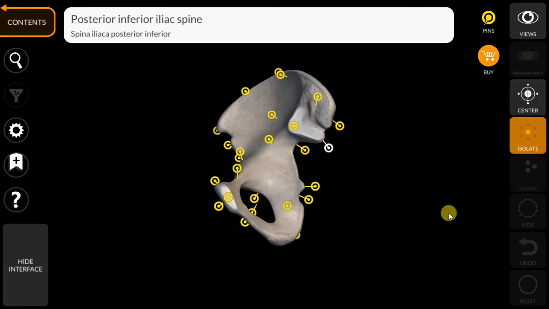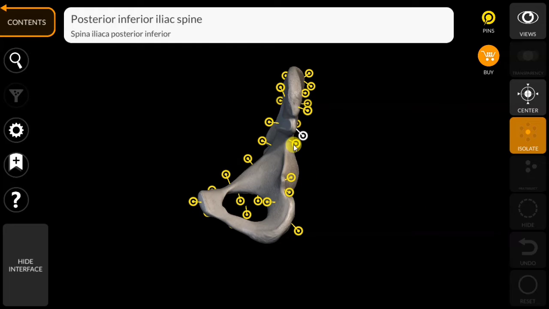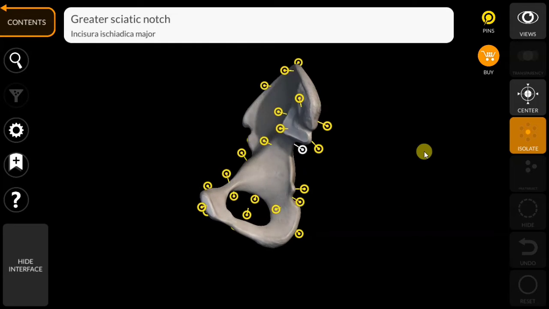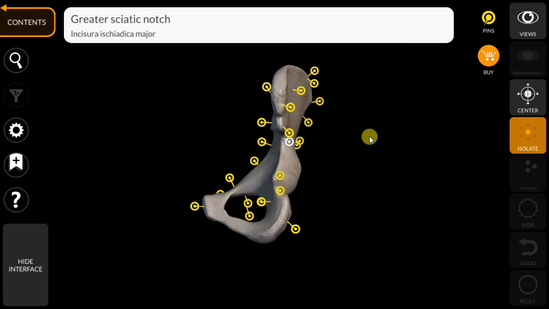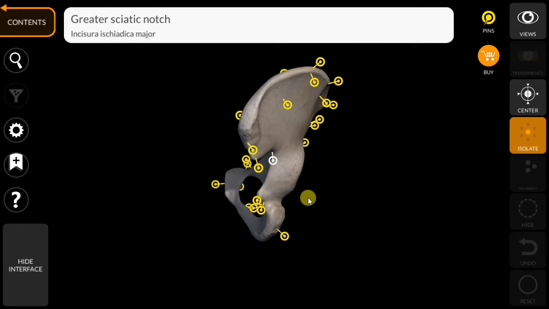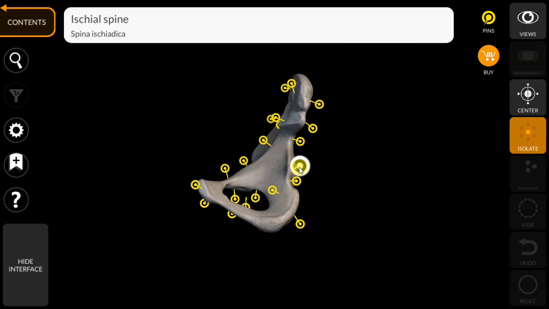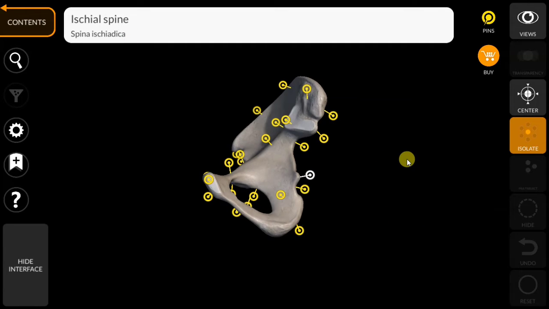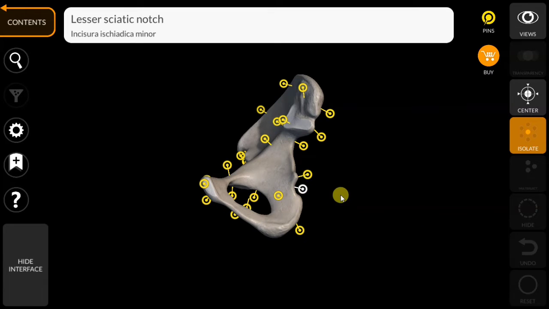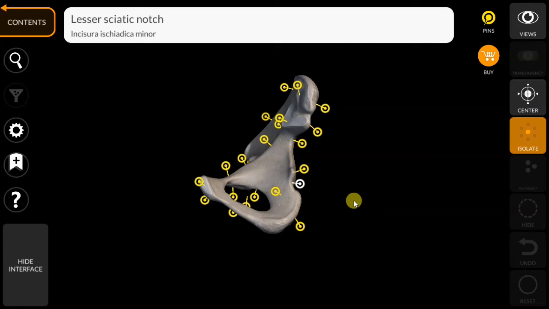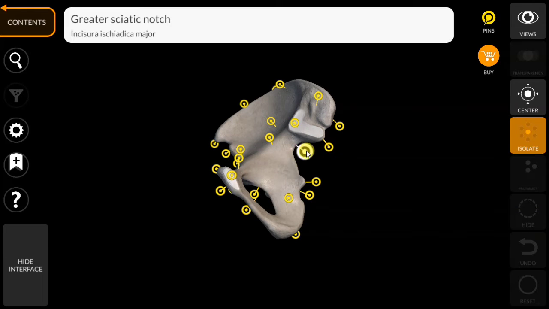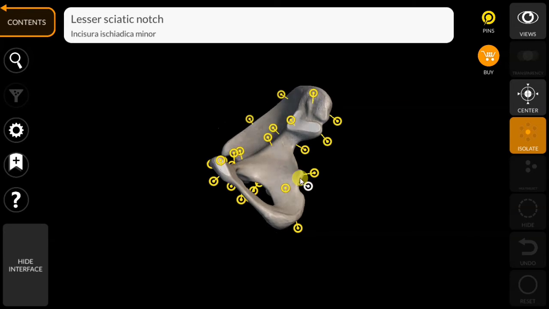Down from the posterior iliac spine we have the greater sciatic notch, from where our sciatic nerve passes. Down from the greater sciatic notch there is also the ischial spine, and then the lesser sciatic notch. So this one is the greater, this one is the lesser.